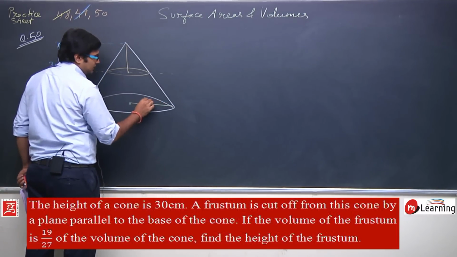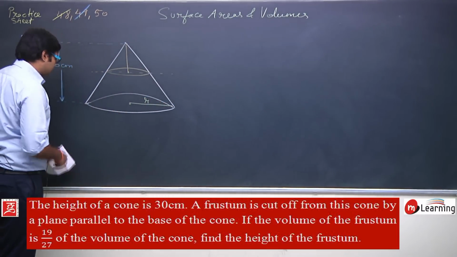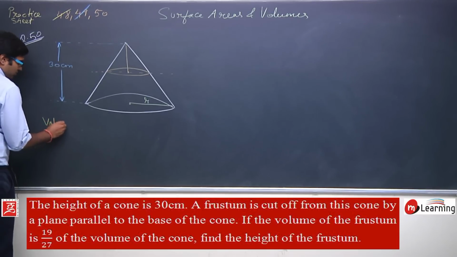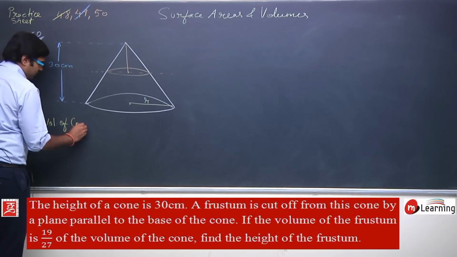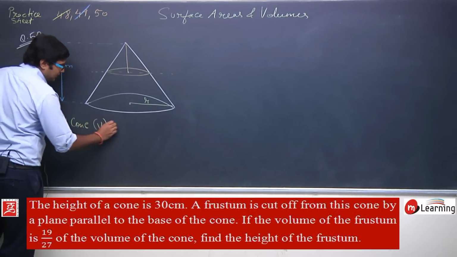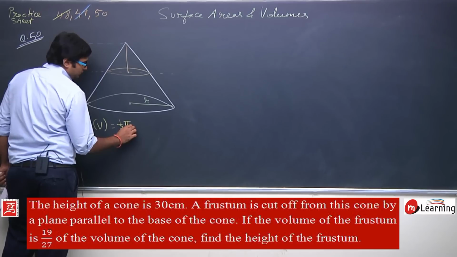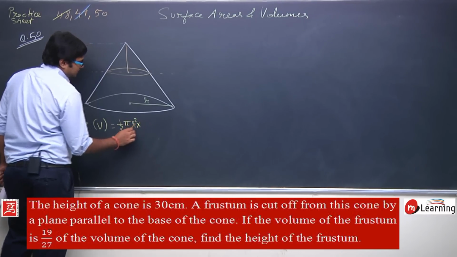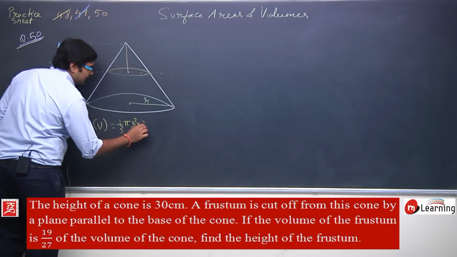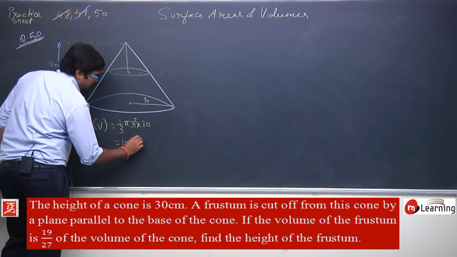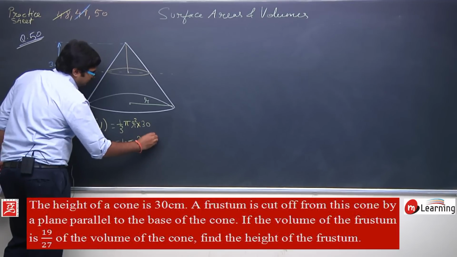If I assume the radius of the base of this cone is r, then what is the volume of this cone? Let the volume of the cone be V, which is equal to 1 upon 3 pi r square into h. H is 30, that is the height. So this will give you 10 pi r square centimeter cube.